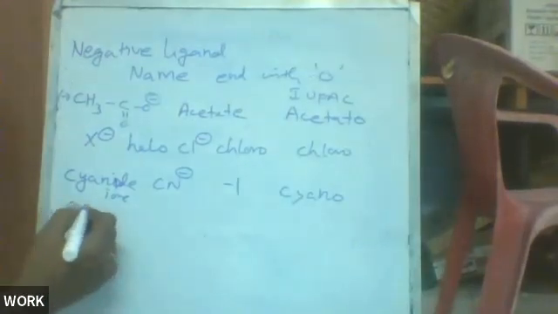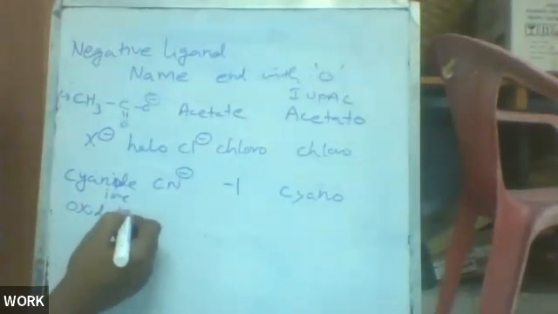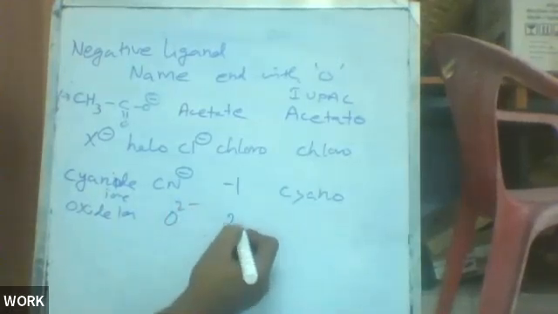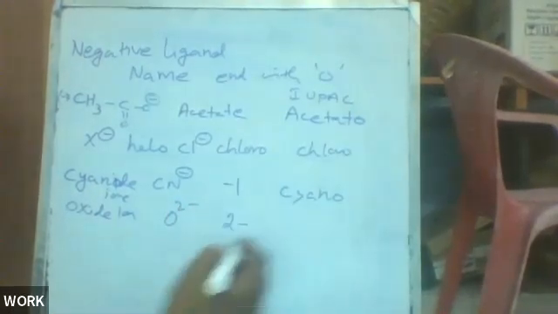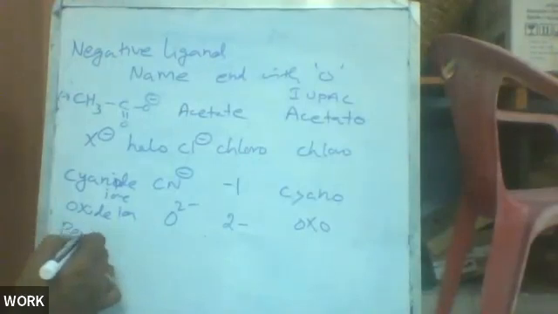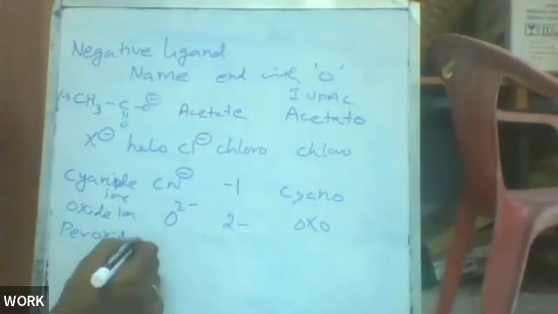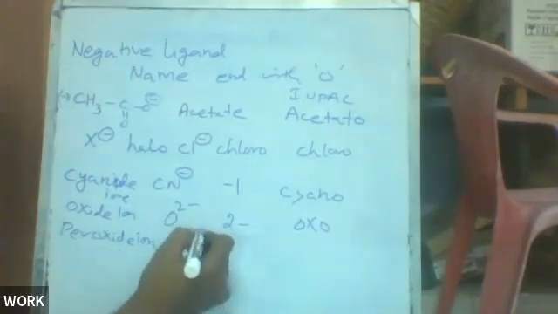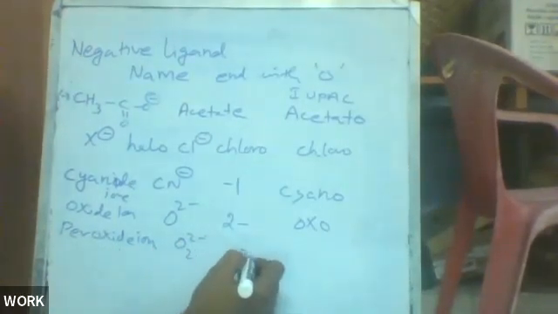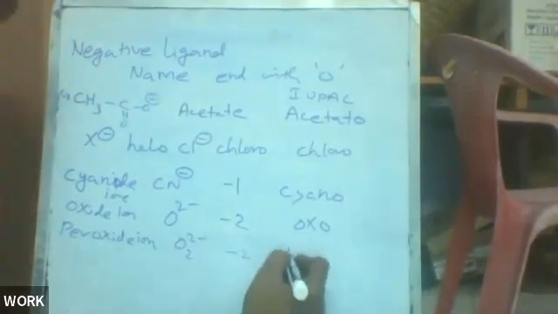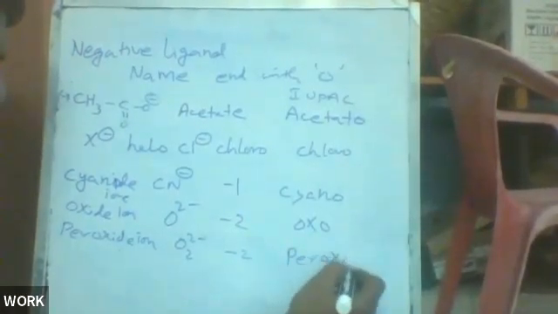And then oxide ion, the common name first. For O2 minus, the charge becomes 2 minus, and it is called oxo. Peroxide ion, O2 2 minus, the charge is 2 minus, and the name becomes peroxo.